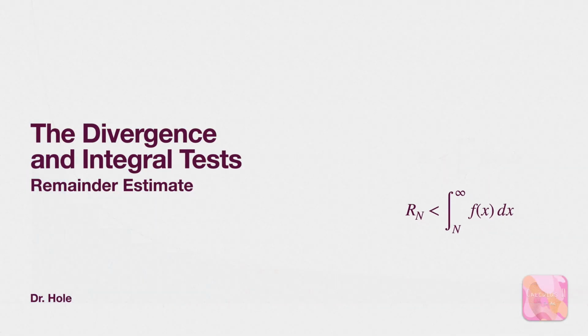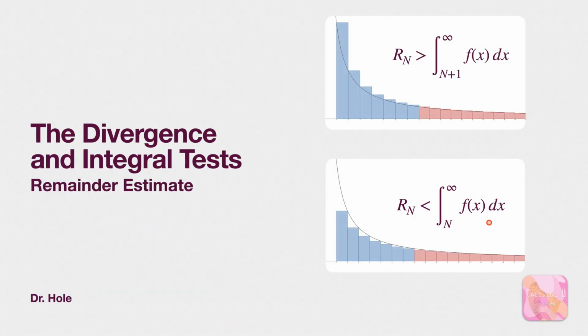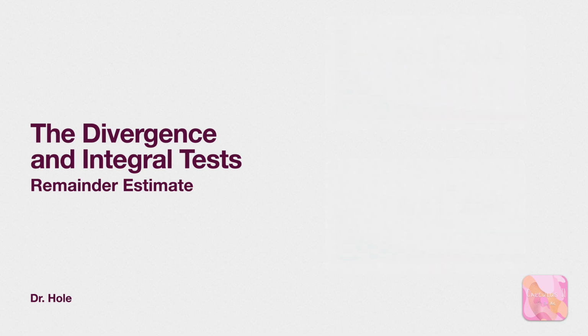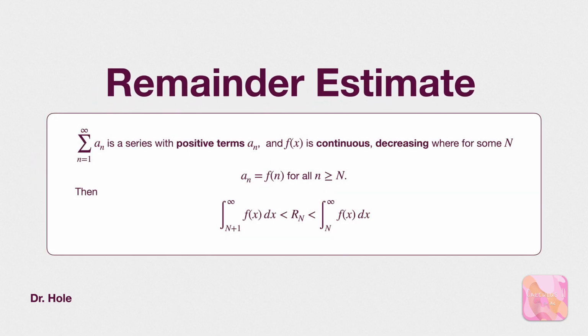Very good. We've come up with a lower bound as well as an upper bound by considering the rectangles having heights found at left endpoints or heights found at right endpoints. Combining these two together, we can then write down a remainder estimate, and we can formalize that into a statement called the remainder estimate.